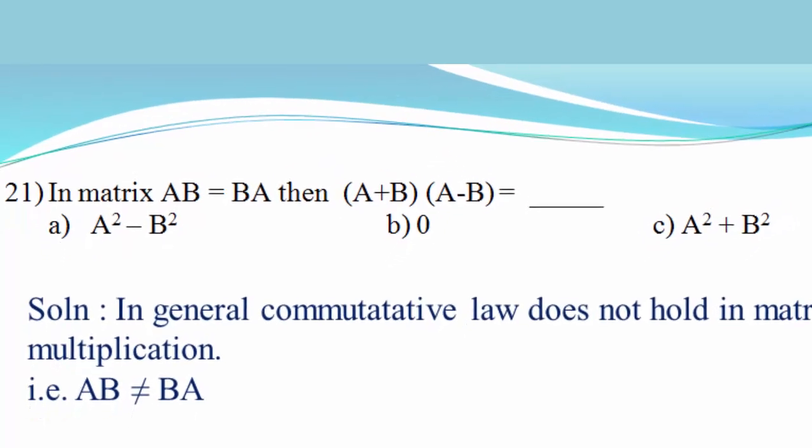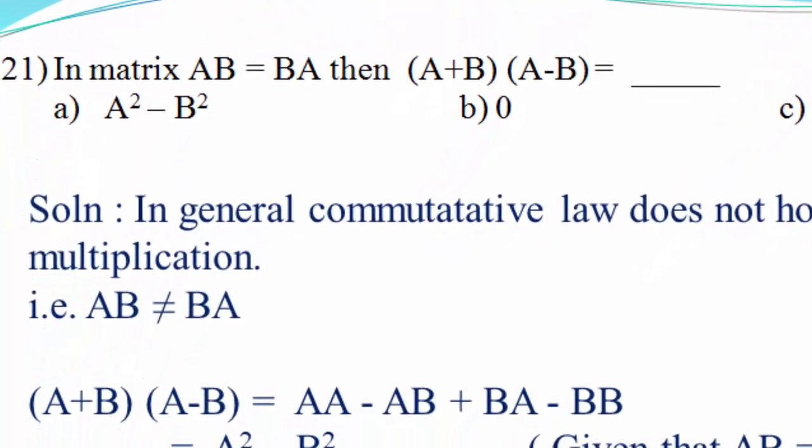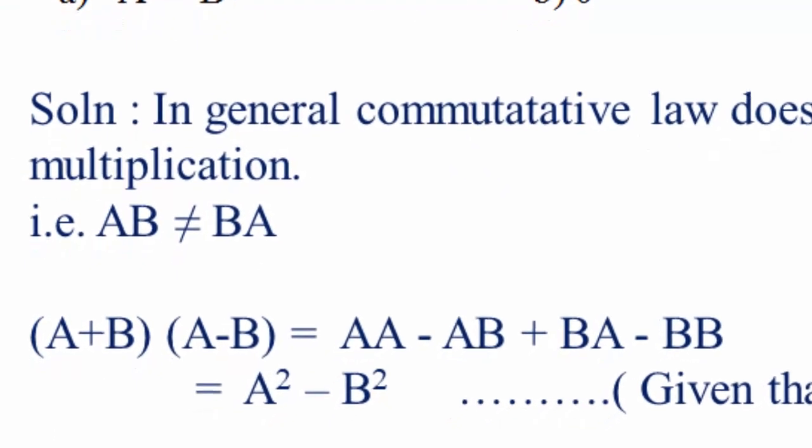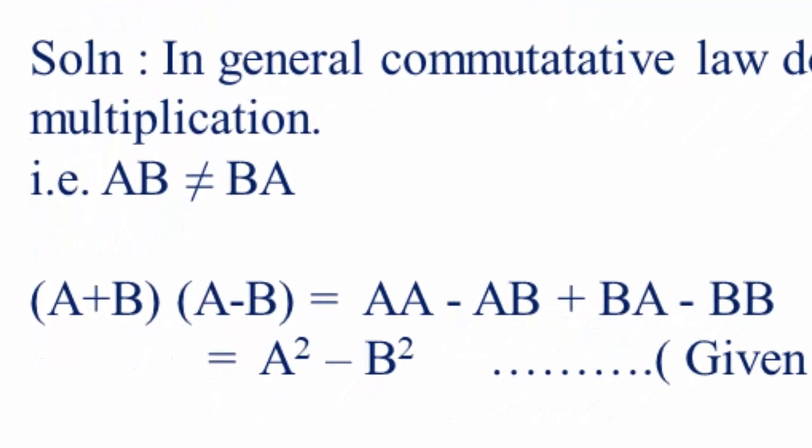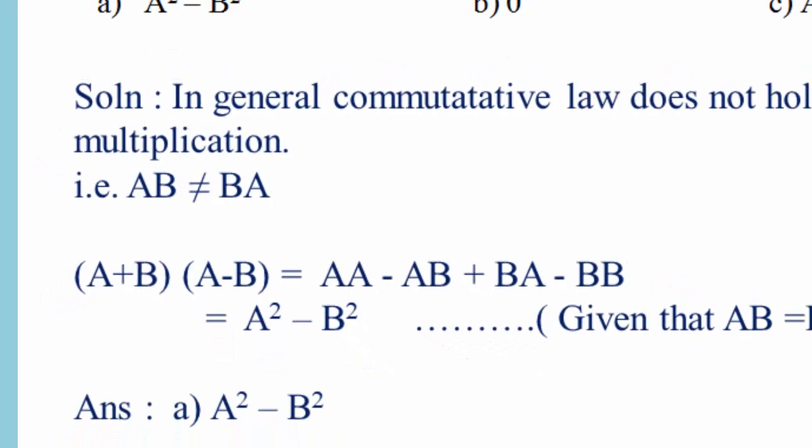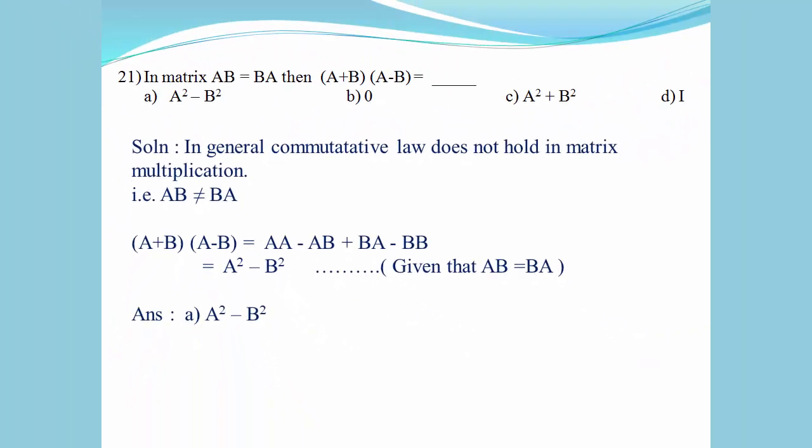Therefore, (A plus B) into (A minus B) is A into A minus A into B plus B into A minus B into B, which is equal to A square minus AB plus BA minus B square. But given AB is equal to BA. Therefore, we get the answer as A square minus B square. Therefore, the option A square minus B square is right.